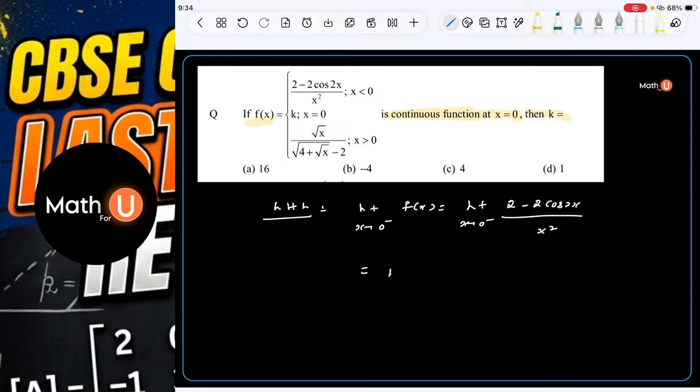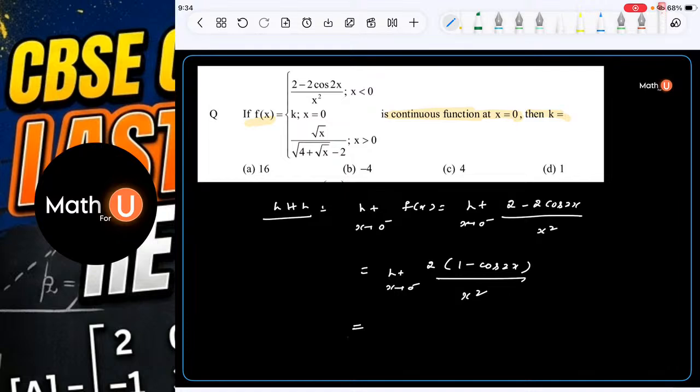Then take 2 common, we get 2 times 1 minus cos 2x by x square. What is the formula? We are going to use this formula: 1 minus cos 2x is nothing but 2 sin square x.